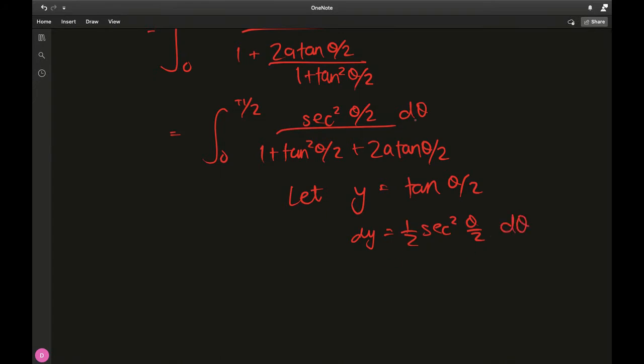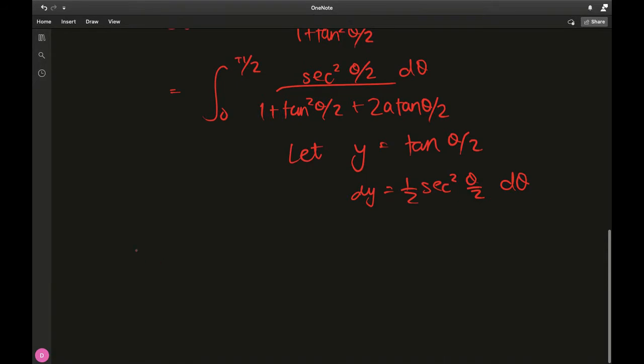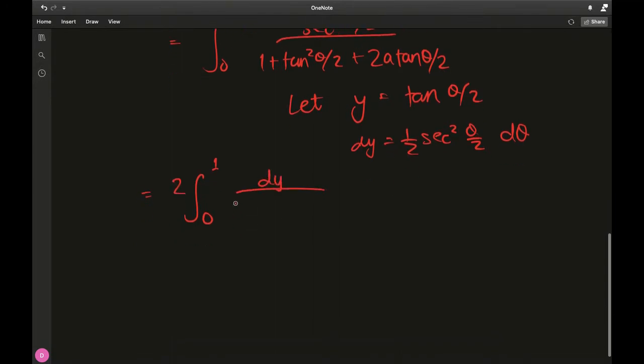So the numerator is effectively 2 dy. For the bounds, for 0 you have tan of 0, which is 0. For pi over 2 we have tan of pi over 4, which is 1. So you have 2 dy over 1 plus y squared plus 2ay.